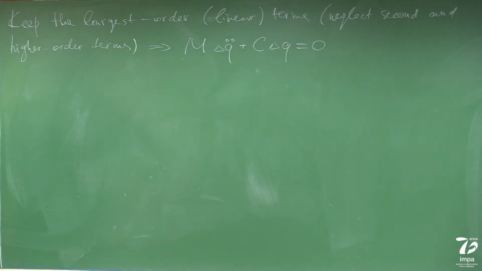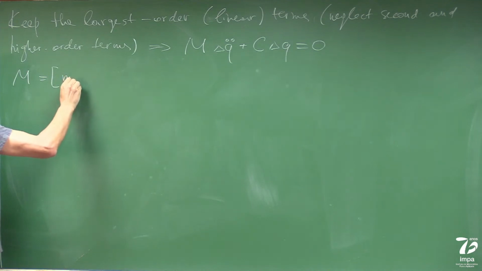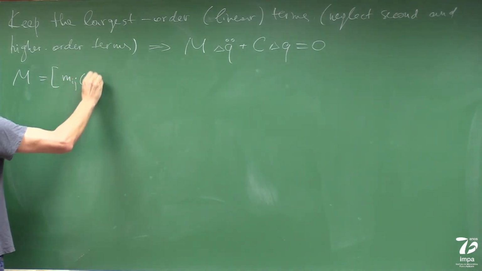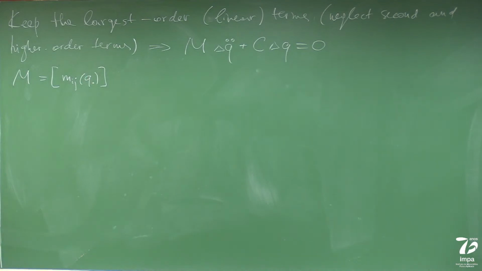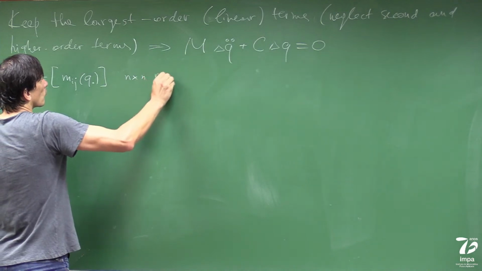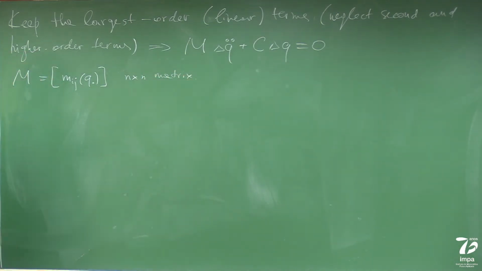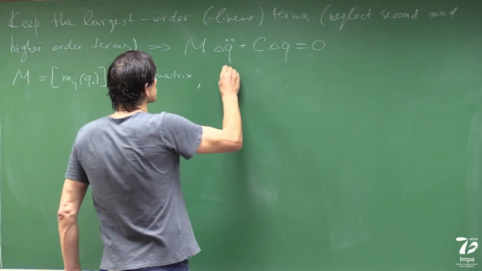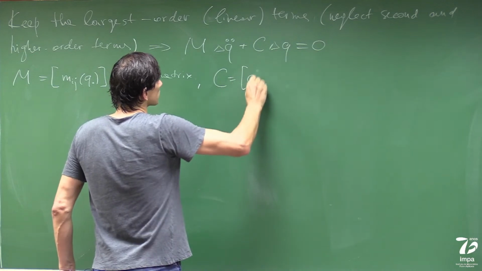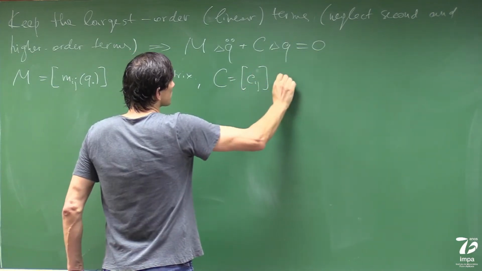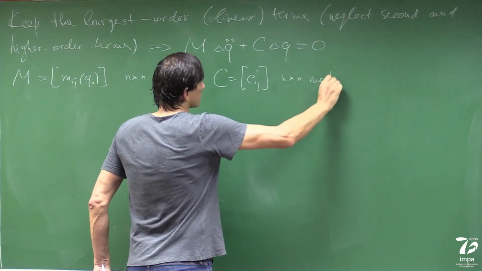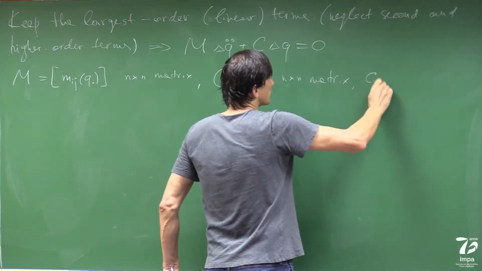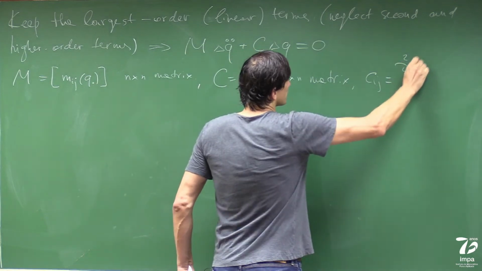So what is what? M is the matrix of coefficients computed at the equilibrium. So it's an n by n matrix. And C is also an n by n matrix, with Cij defined as second derivatives of the potential.